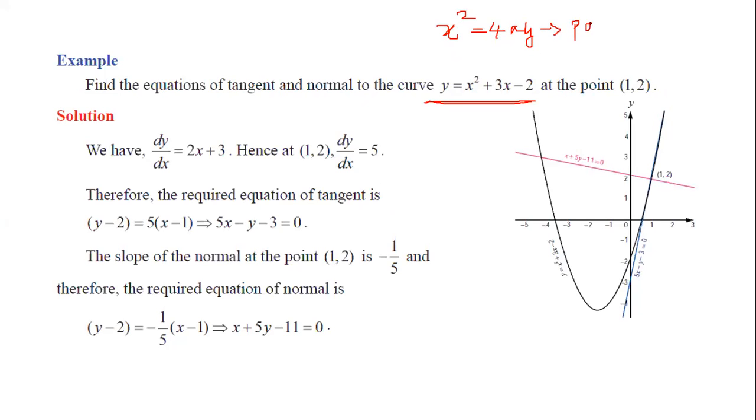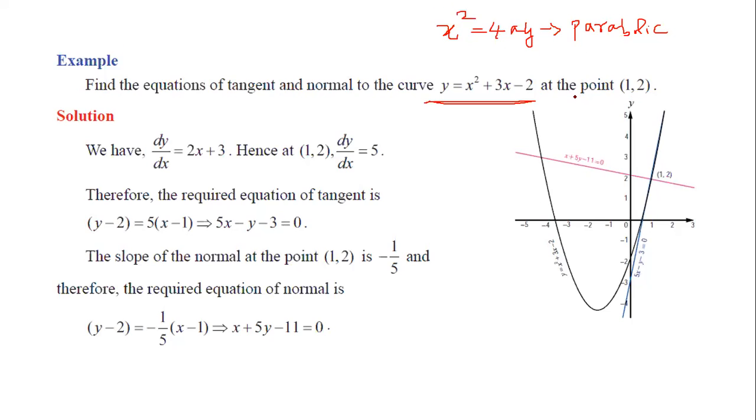Y square equal to 4ax or x square equal to 4ay is the parabolic curve. That means a quadratic equation. Here y equal to x square plus 3x minus 2 at the point 1 comma 2.